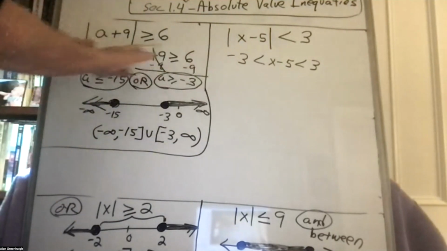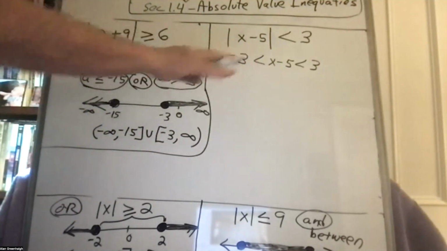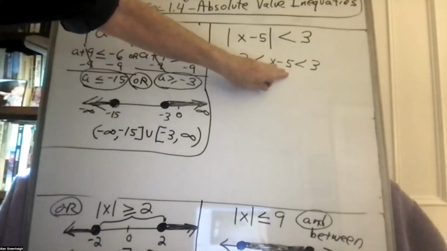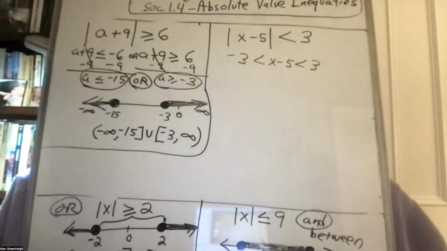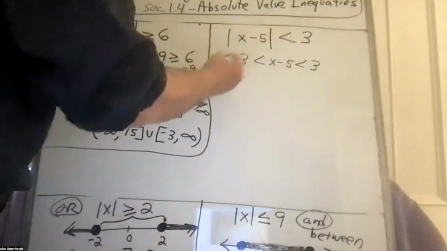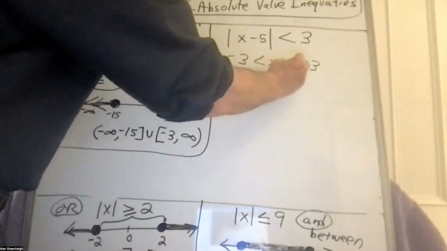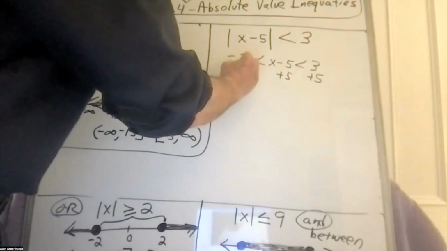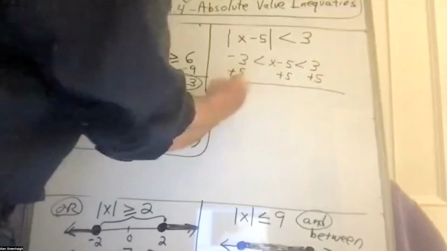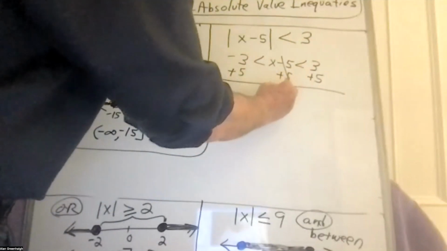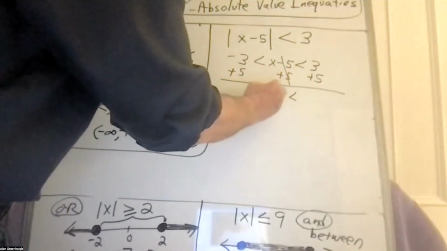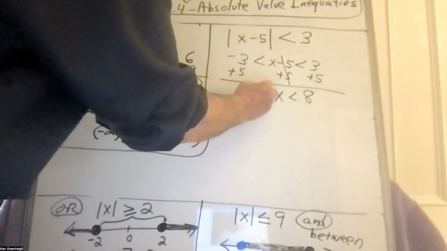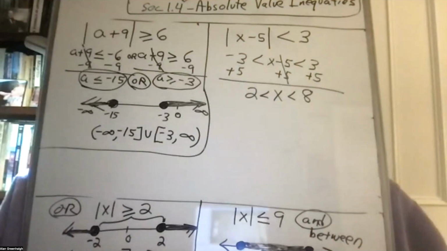You have to put these separately because they're going to be going in opposite directions. But this you could set up as the and situation. And you just solve it. Remember when we solved it earlier? +5. That drops out. The x is remaining. The two symbols here. This is 8 and this is 2. And there's a solution.